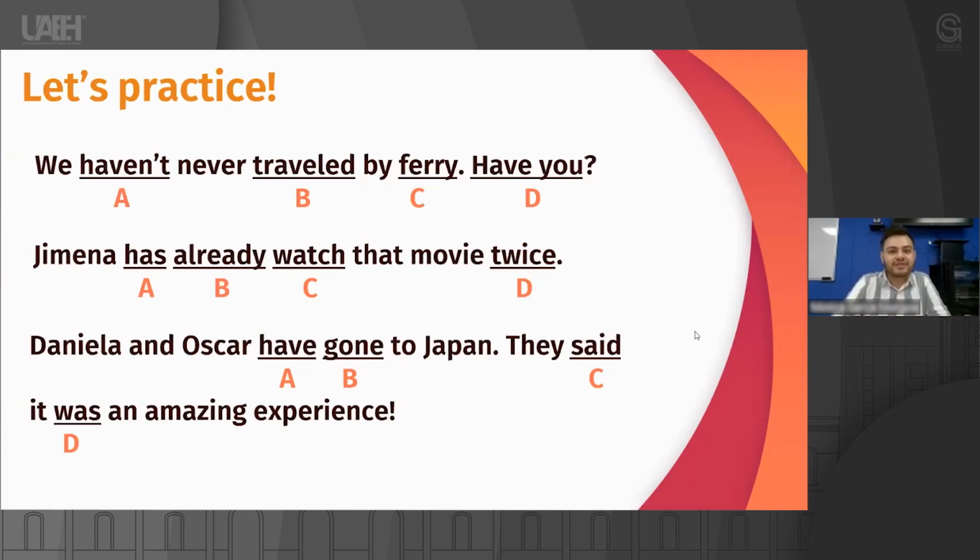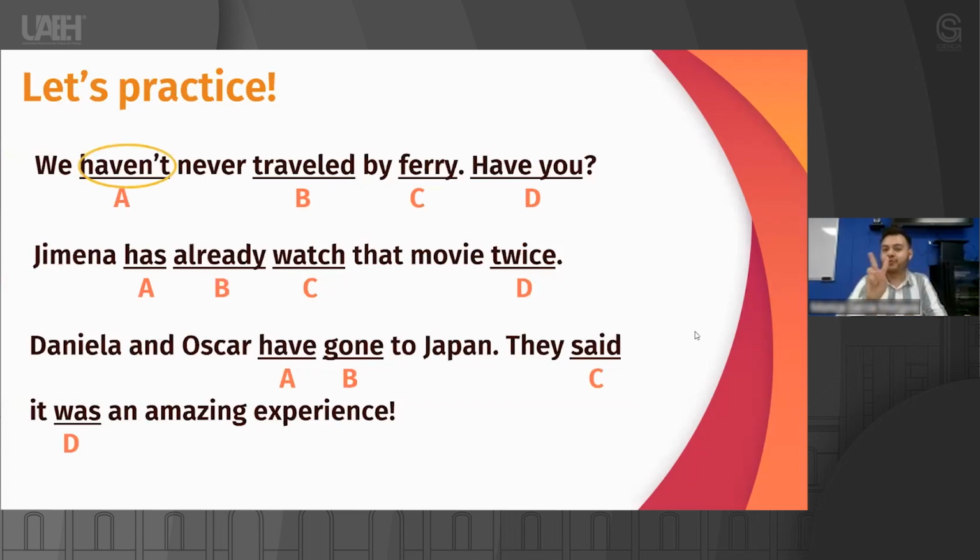So here is the first one. We haven't never traveled by ferry. Have you? What do you think the first mistake is? If you said that the mistake was haven't, you are correct. Why? Because we're using haven't as the negative and we use never.